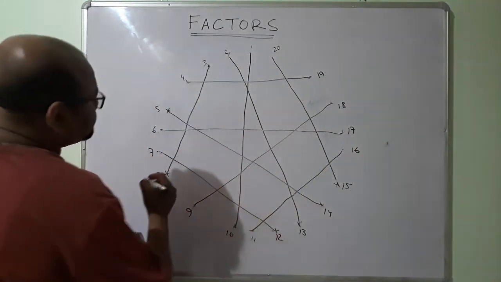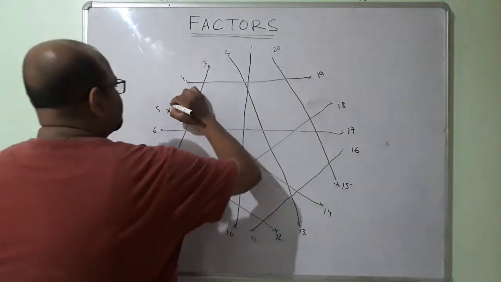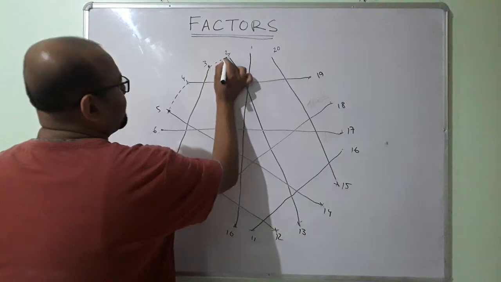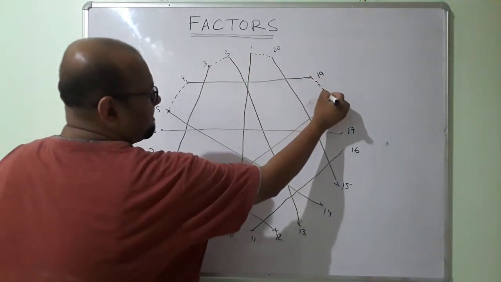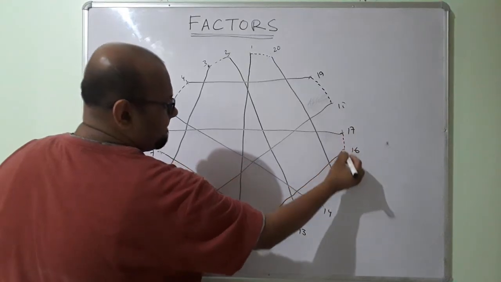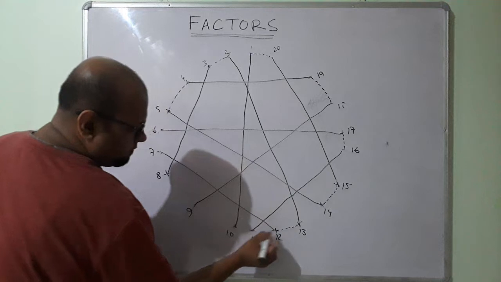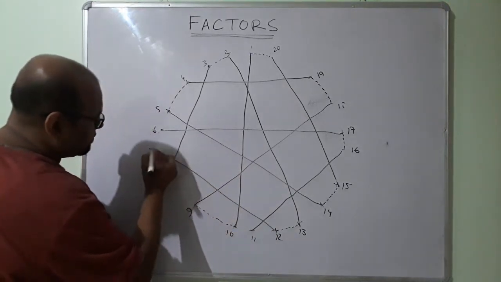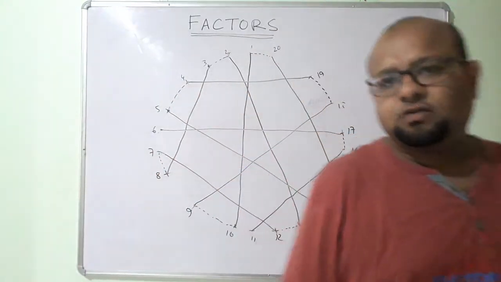This is one k factor that I made with the solid lines. Now let me make another k factor with dashed lines. This is another k factor. Forget the solid lines right now and look at only the dashed lines.